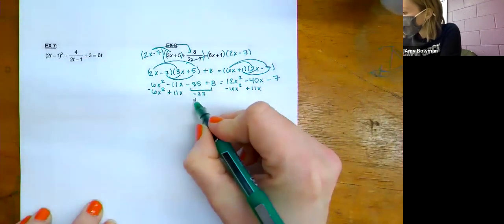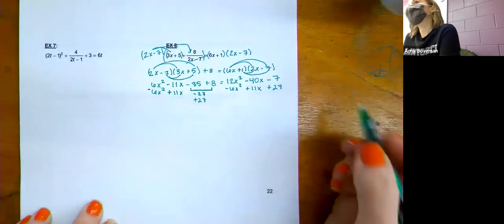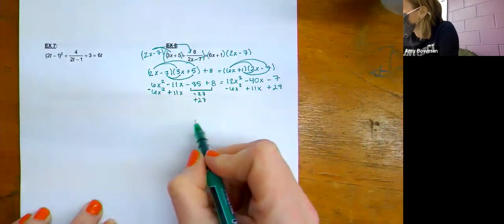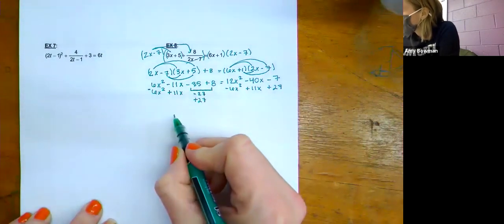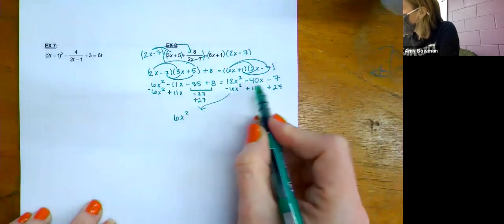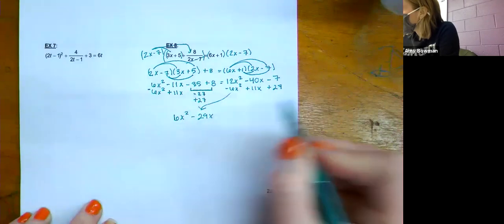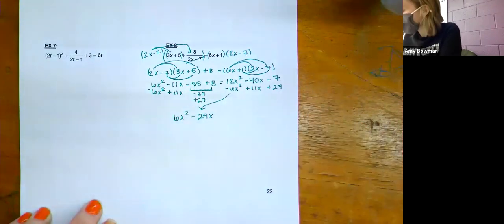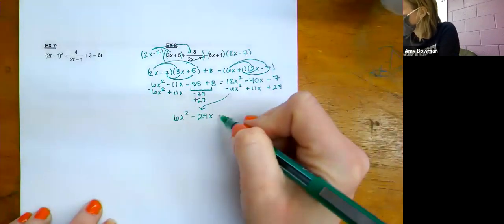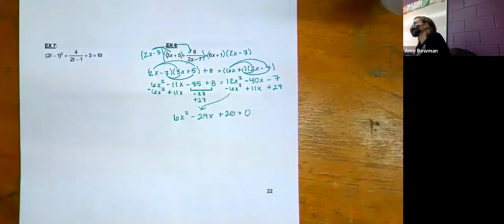So plus 27, plus 27. And then we'll see where we ended up. So 6x squared. Negative 40 plus 11 is negative 29x. Negative 7 plus 27 is plus 20. You guys with me? It's pretty boring.